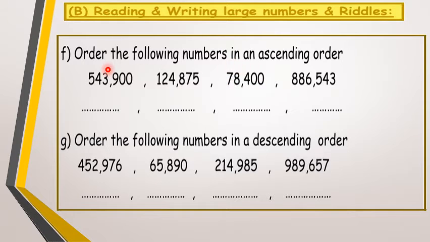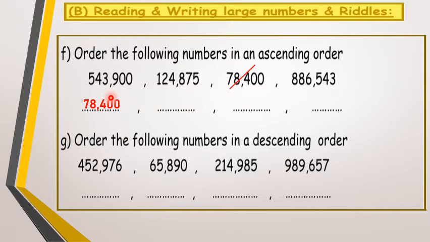I will read the numbers first, and the number with the fewest digits is the smaller number. This has 6 digits, this 6 digits, this one 5 digits, and this 6 digits. So each one of them has 6 digits, except this number, which has 5 digits. So I will start with it because this is the smallest number.